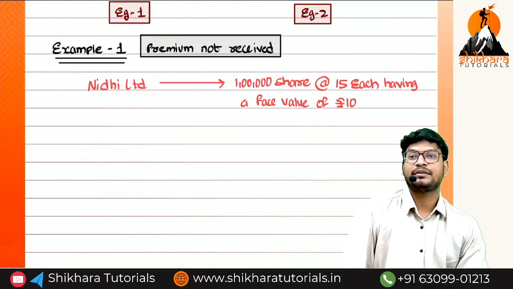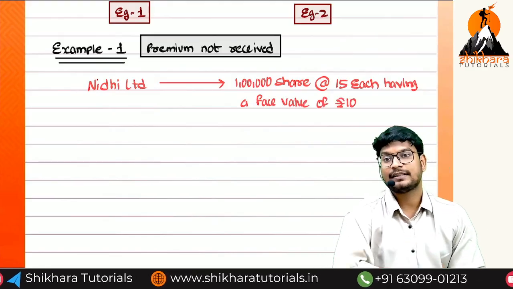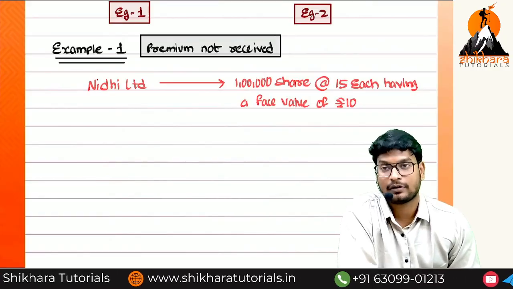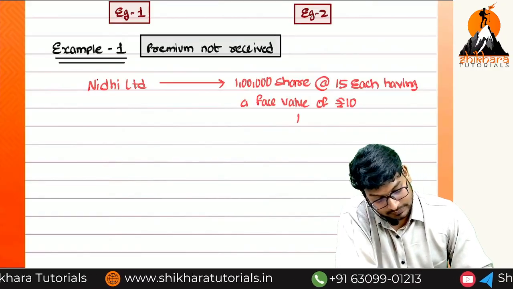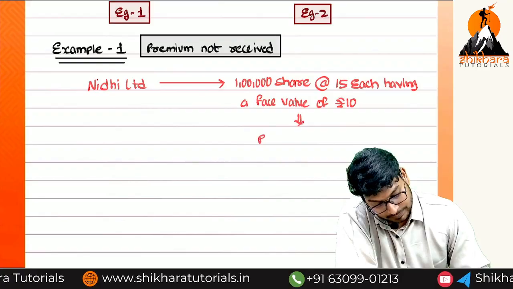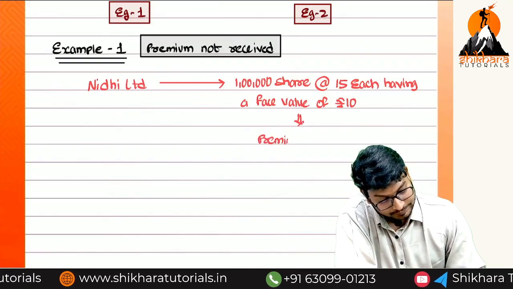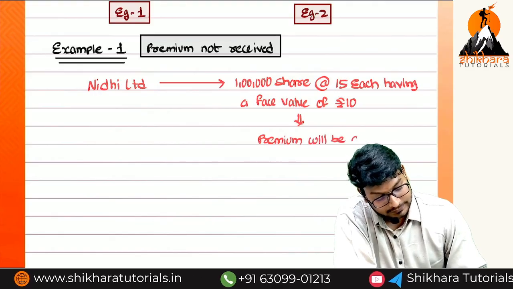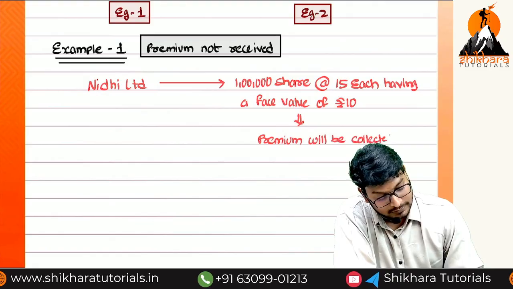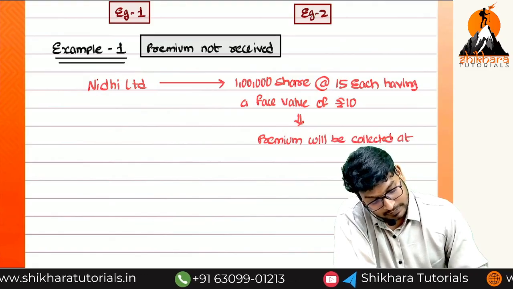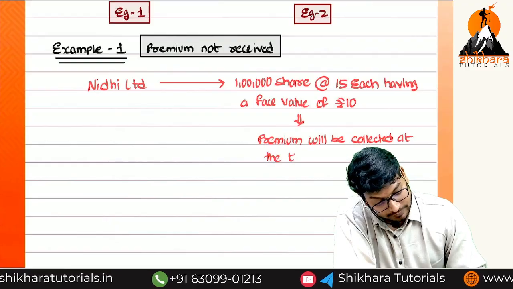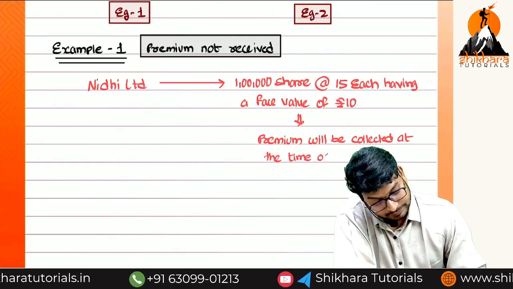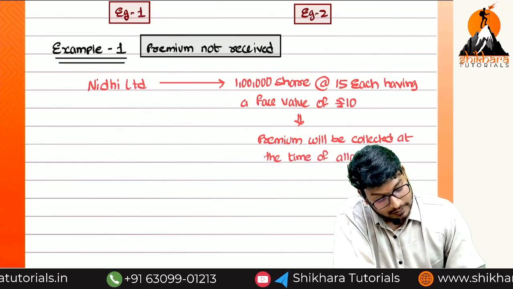That means what is the premium amount? 5 rupees, which they are going to collect at the time of allotment.